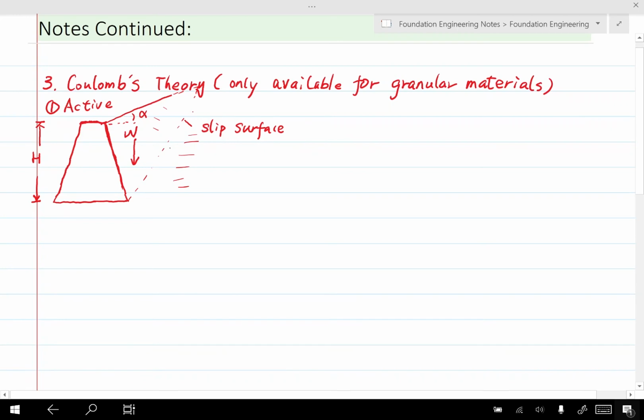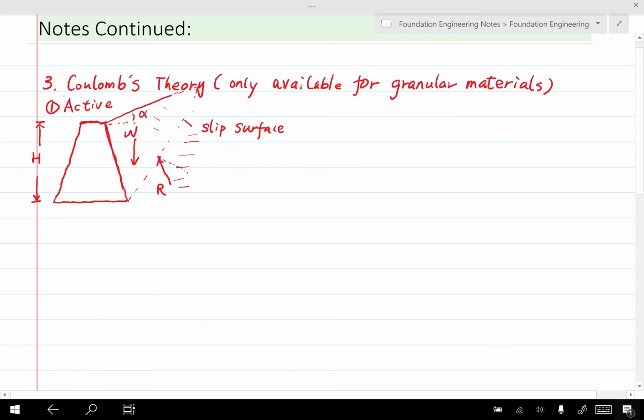And the soil body on the other side of the slip surface should also exert a force on it. That's a reaction force. So let's call it R. Because the direction of R, actually we can determine it based on the relative movement of the two soil bodies.